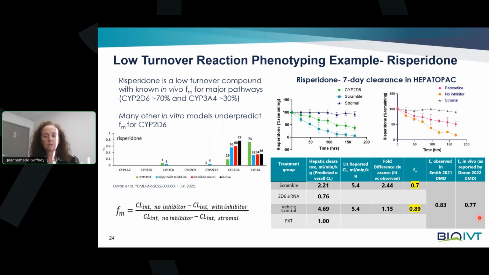And in this literature reference here, we did one which references in vivo FM for 2D6 for risperidone of 0.77. So in both cases, we were in line with the reported in vitro and in vivo data for FM, in both of our cases for the siRNA knockdown and for the chemical inhibition.